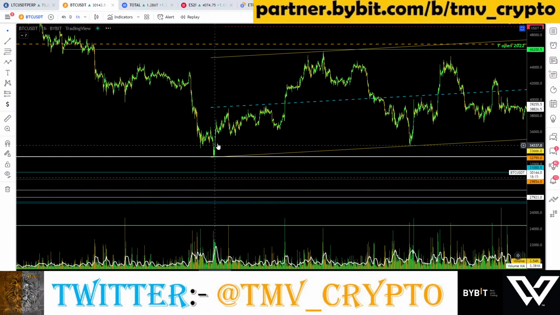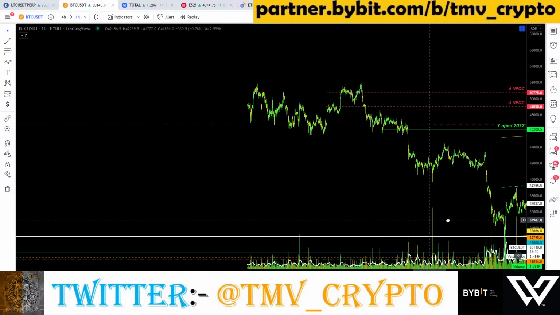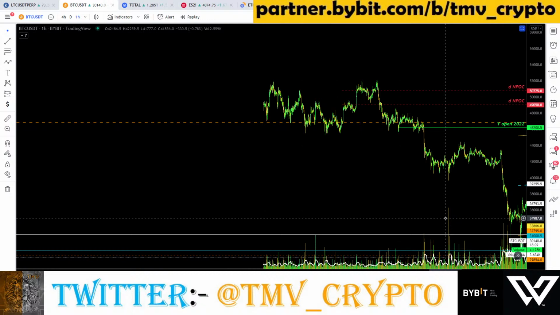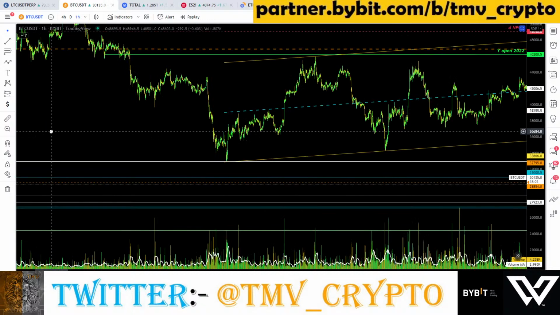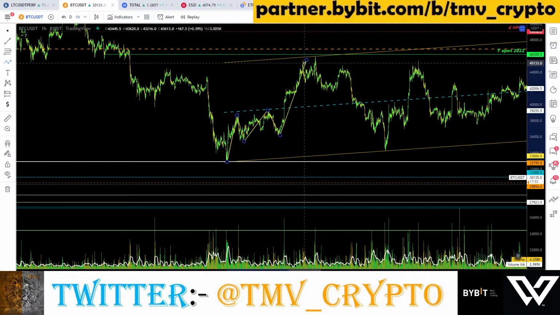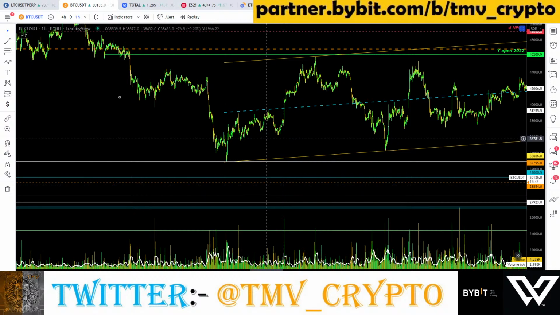We have seen a very similar kind of move on the BTC in the past. Irregular expanded flat. Here, a pump, the yellow line, and C, like this. So we have seen this kind of move on the BTC in the past.